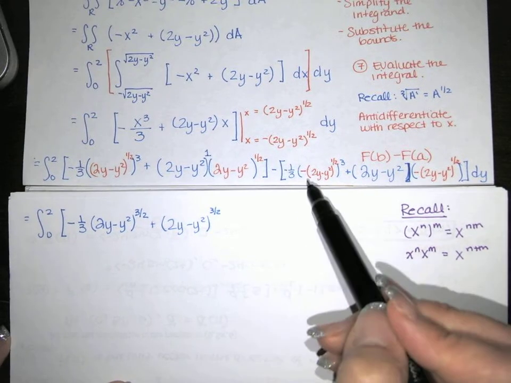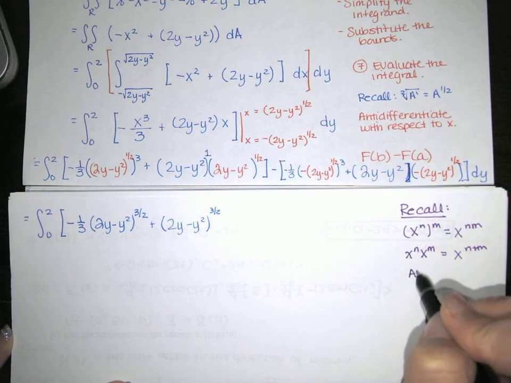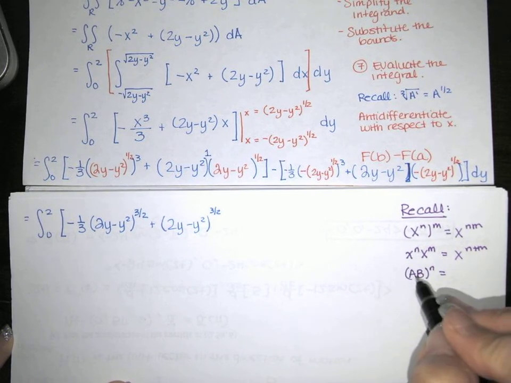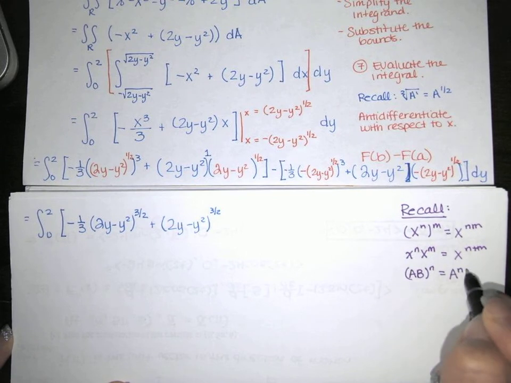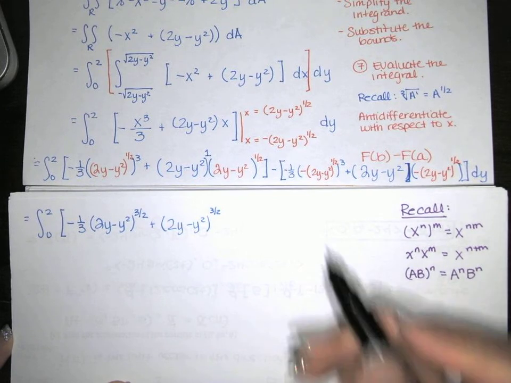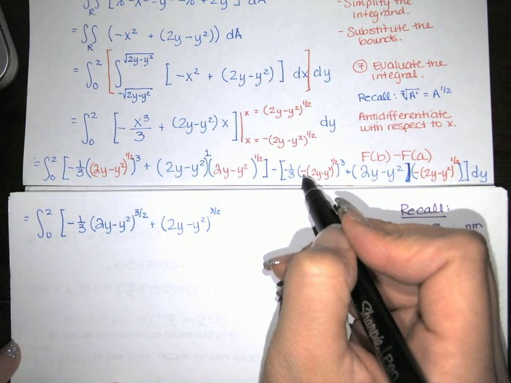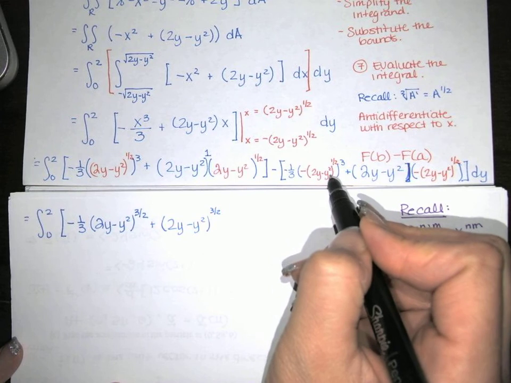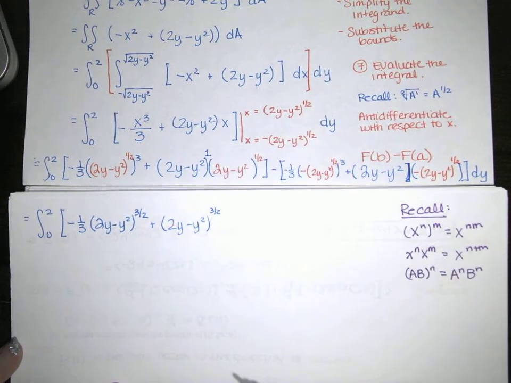Now the property I need for this, if I have something times something else cubed, is this. If you have a product cubed, you can apply that power to each factor separately. So I can apply that third power to the negative 1, so it's going to give me a negative 1, times all of that cubed, which is going to give me 2y minus y squared to the 3/2, because we're going to multiply the exponents.